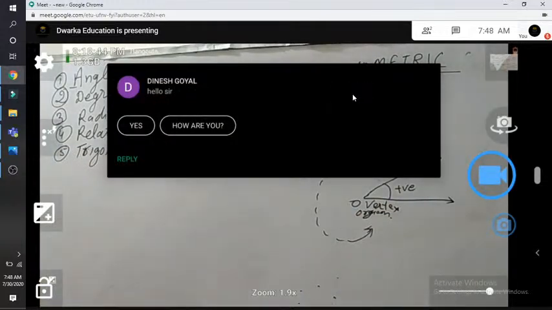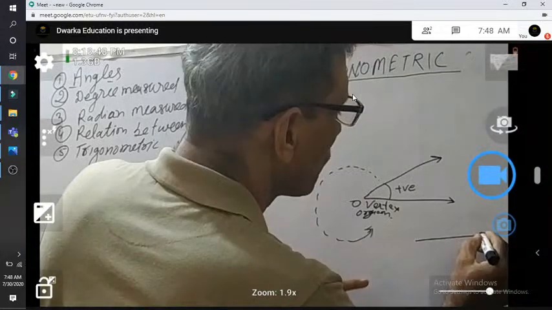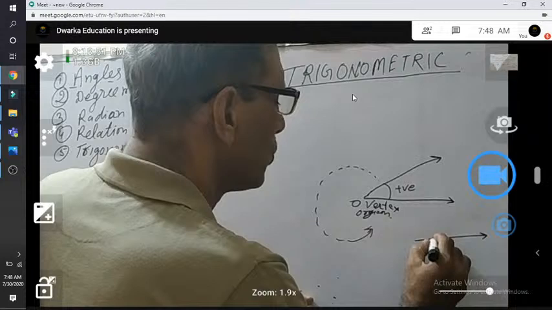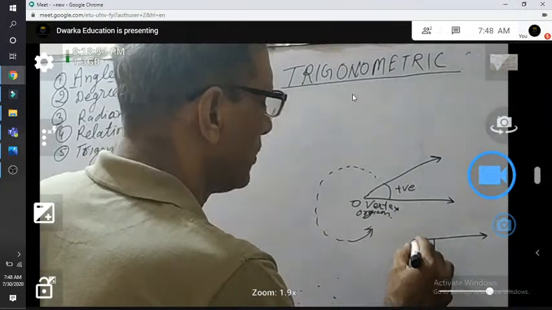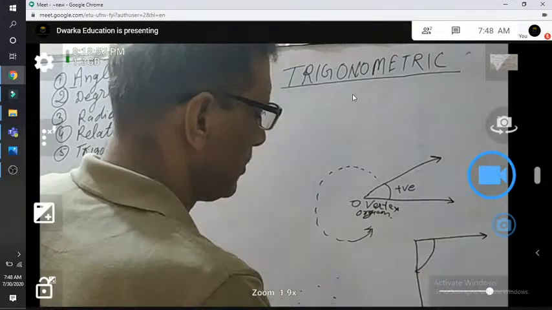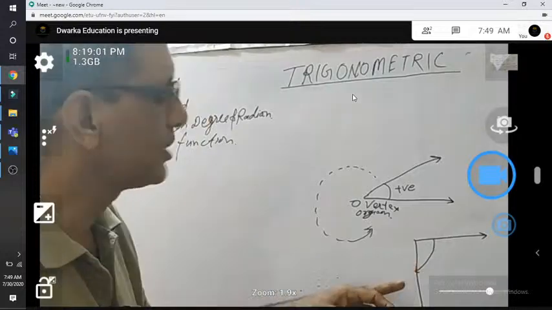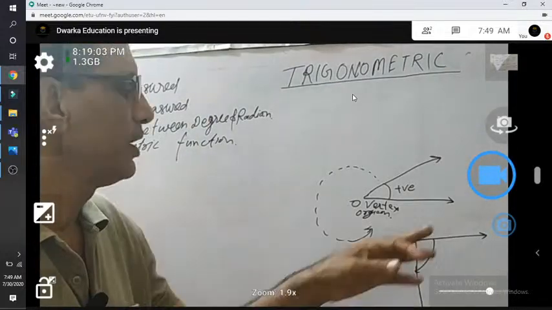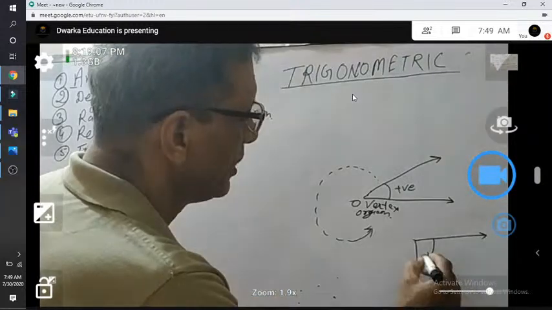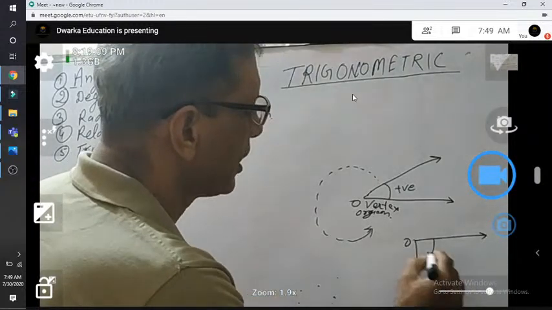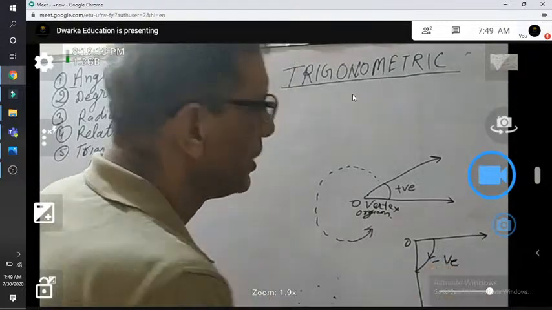And if this ray rotates downwards, this is the initial position and this is the terminal position. It rotates from this direction, then this angle is called a negative angle.